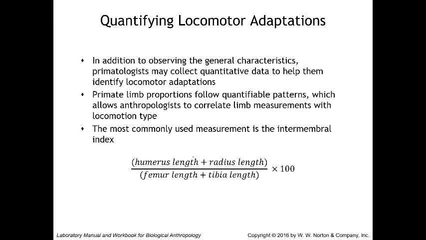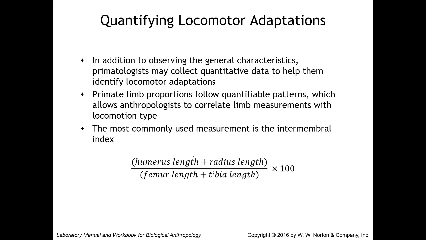For example, vertical clingers and leapers have long legs to aid in pushing off and landing as they leap from tree trunk to tree trunk. Primate limb proportions follow quantifiable patterns, which allow anthropologists to correlate limb measurements with locomotion type.